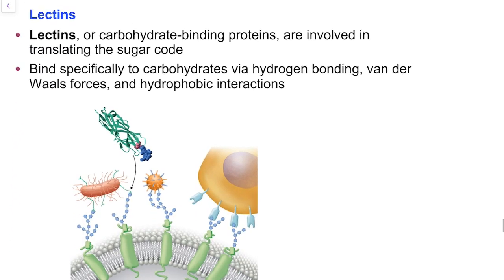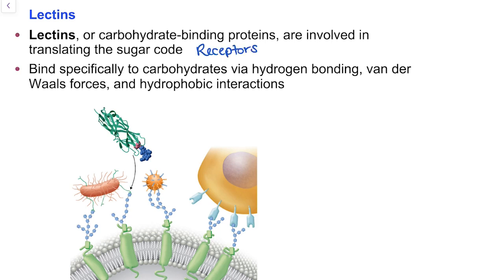So these lectins, the definition is that these are carbohydrate binding proteins. Often these are going to be the receptors that specifically recognize a carbohydrate portion from a protein or from a lipid that's hanging off in that extracellular matrix, and then it's going to bind as a ligand to that carbohydrate portion.